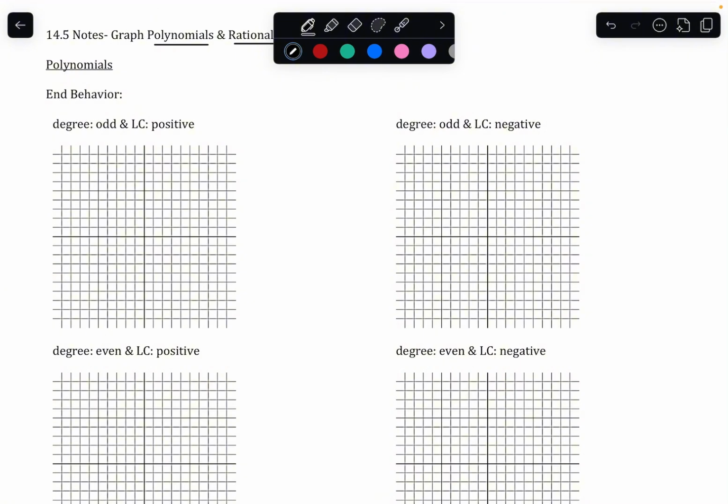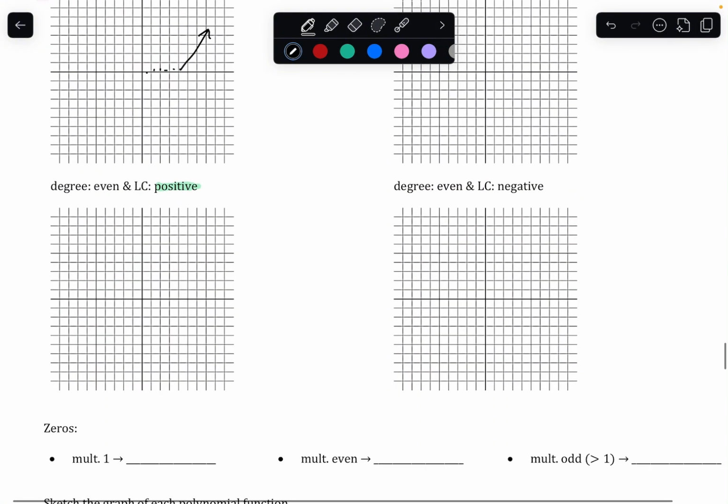Let's start with the leading coefficient being positive. If your leading coefficient is positive, the right side of your polynomial is going to be up. You don't really know what's happening in the middle, but you know the right side is opening up, regardless of the degree. Right side up.